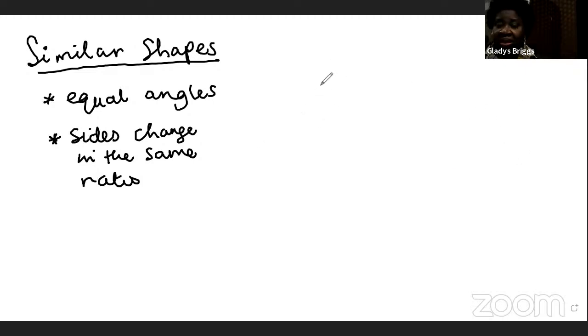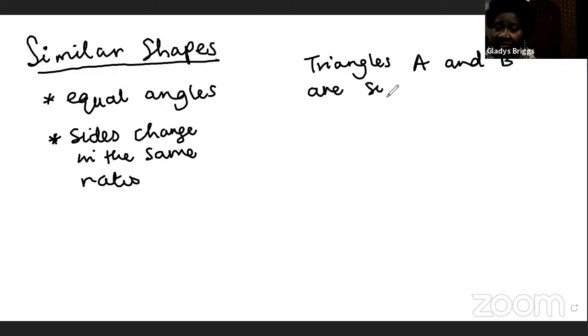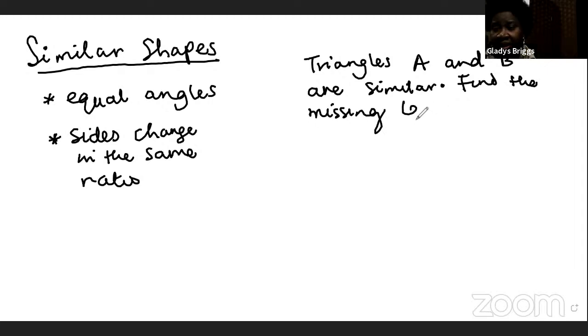So if it says that triangles A and B are similar, find the missing lengths.